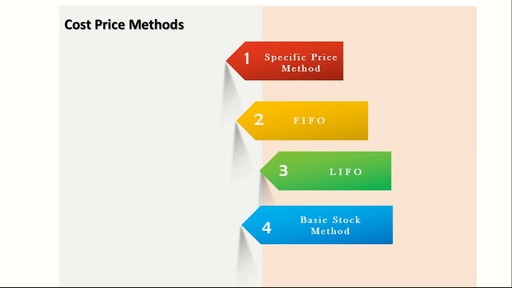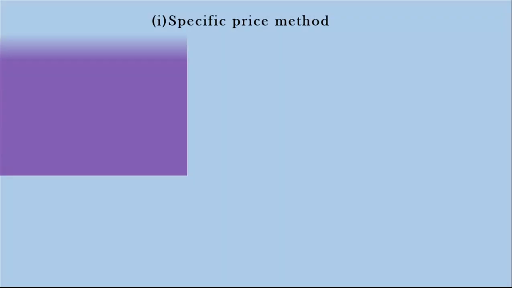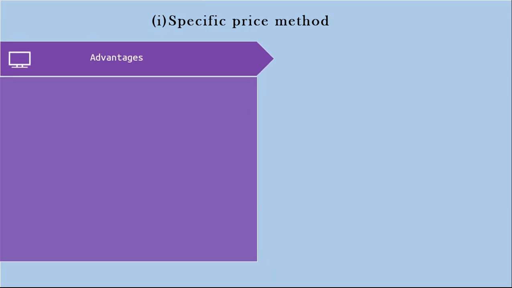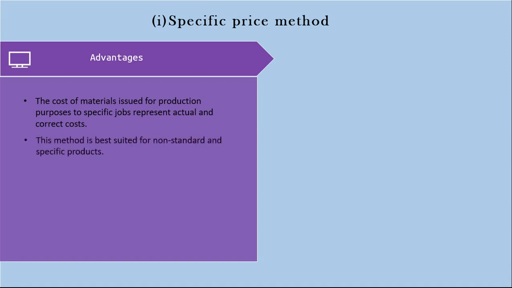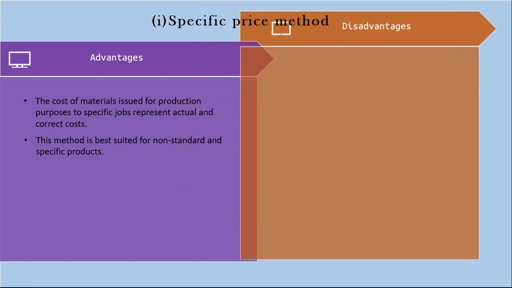This method of valuing inventory is different from other methods of valuing issues, as the base stock of materials are valued at the original cost, whereas materials other than the base are valued using other methods like FIFO, LIFO, etc. This method is not an independent method as it uses FIFO or LIFO. Advantages and disadvantages of this method depend upon the use of the other method, viz., FIFO or LIFO.